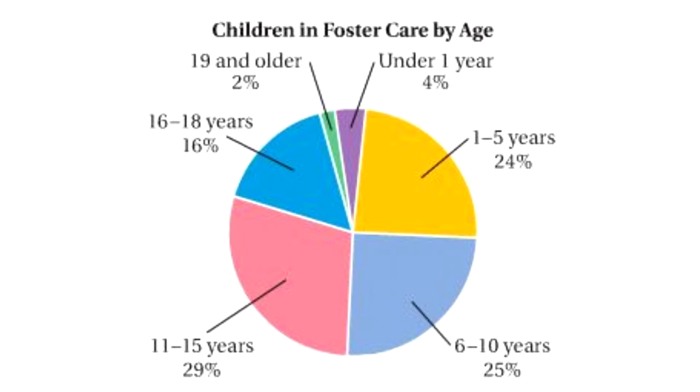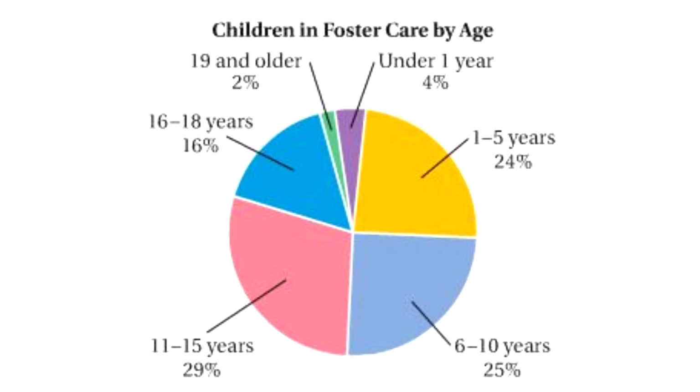Well, the first thing you have to do is find out the percentage of children in foster care from 6 to 10. So that's 25%. So if we have 5,000 kids in foster care and 25% of them are 6 to 10, how many?